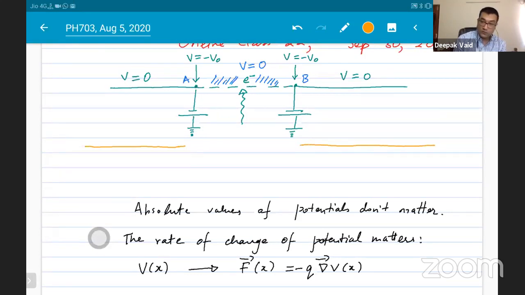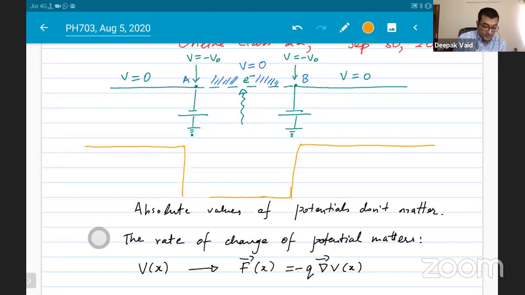As you come close to this point A, what happens is your potential drops, right? So the potential of this point A relative to the potential outside is negative. So your potential drops, right? But again, as you are inside the region, the potential stops changing. So inside the region, again, it's a constant, right?